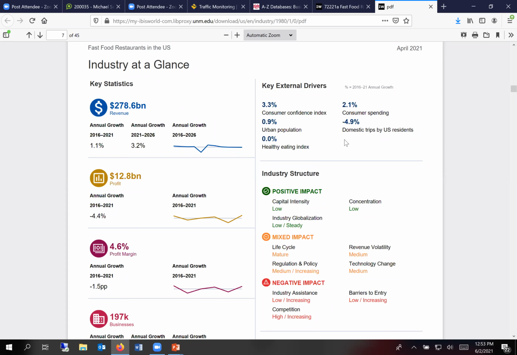Healthy eating index staying the same. And domestic trips by US residents are down by almost 5%. And remember, these are what drive business to your business. So evaluate those very carefully. If you're already in business, look at one of these reports every year, just so you could start to plan. And if you were to buy one of these reports from IBIS World, you'd spend upwards of $800.